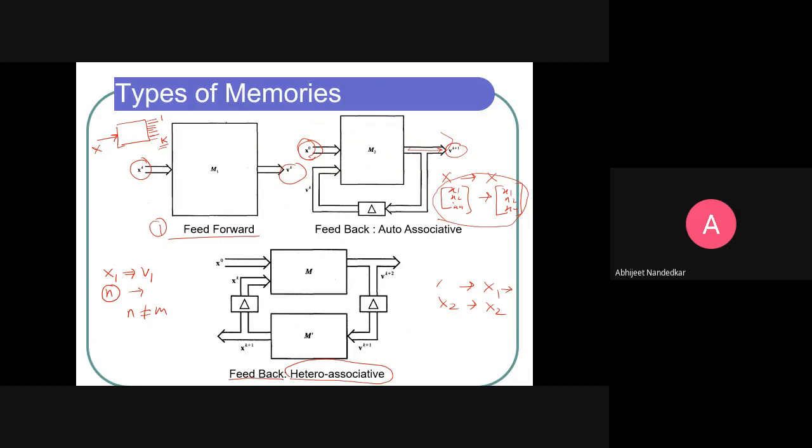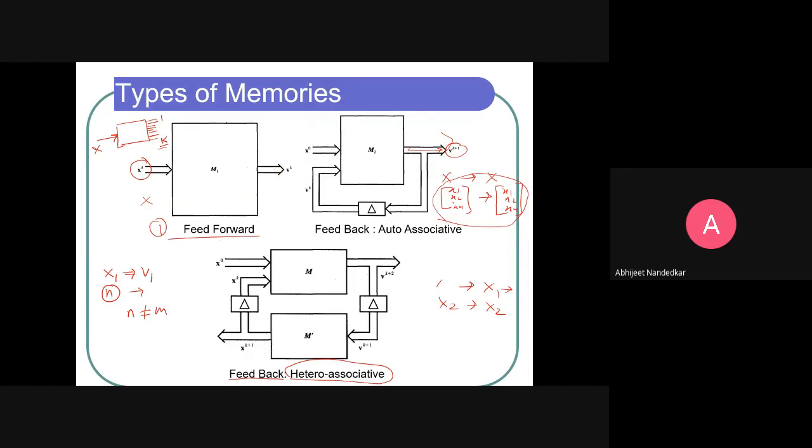Similarly, in the first type of memory, I have only feed forward. I will put something in and then I will take output. There is no feedback. There is no loop. But this adds some limitation in case of memory application.